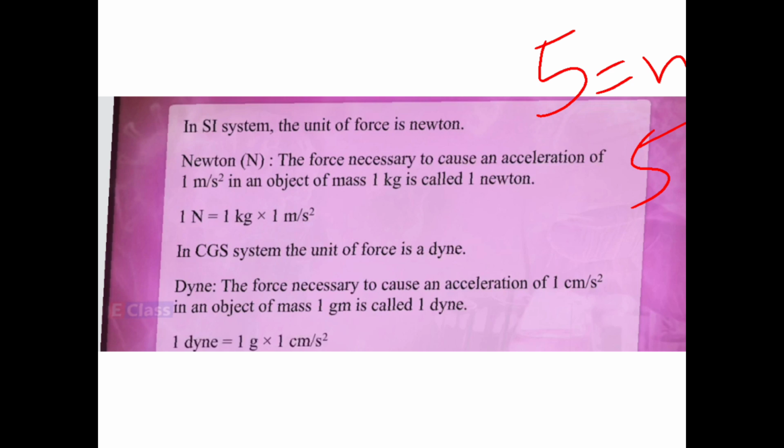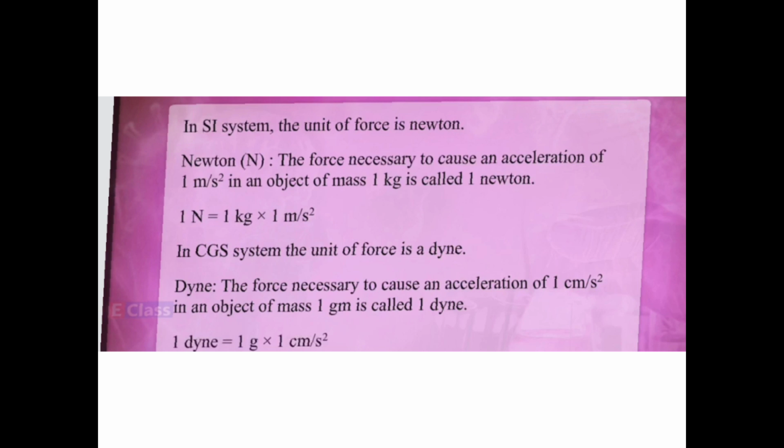But remember, there you are not going to write the complete word newton, you are just going to put a symbol. Clear? So either you write the complete word newton in small letters, or you write just capital N. These are the two ways you can write the unit of force.